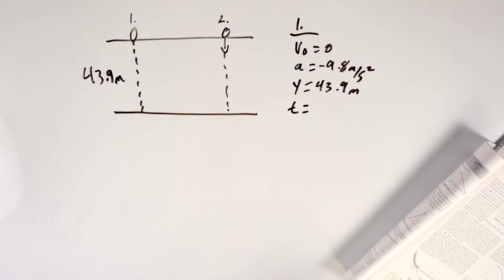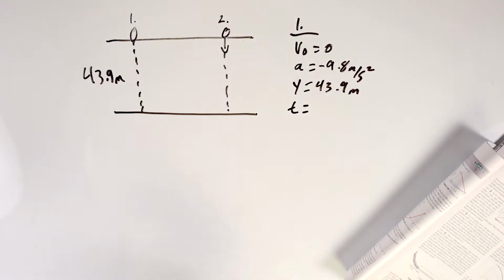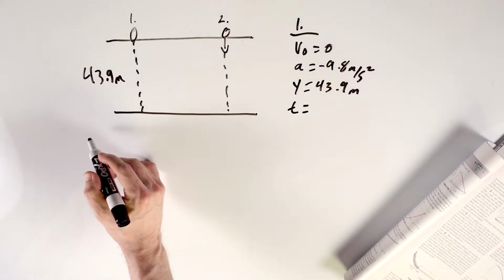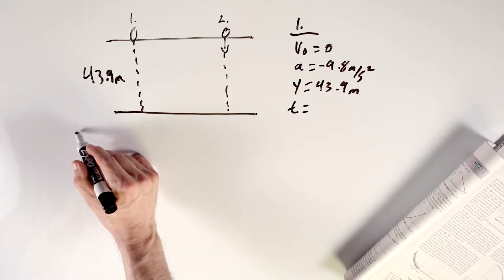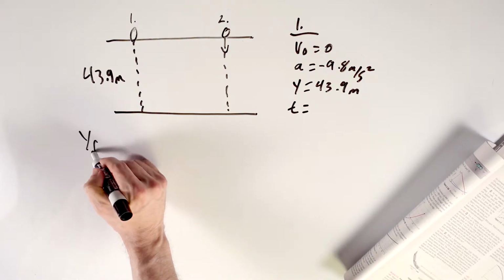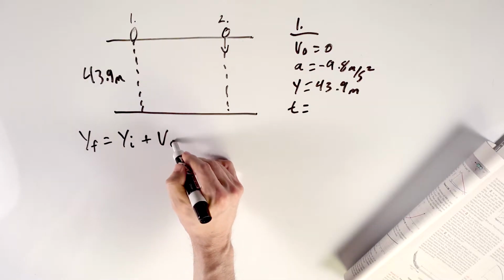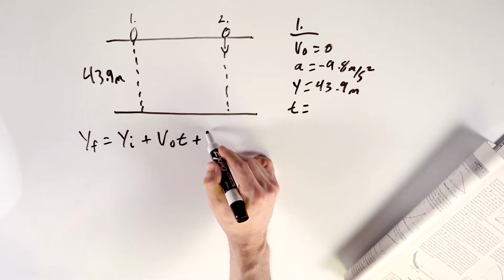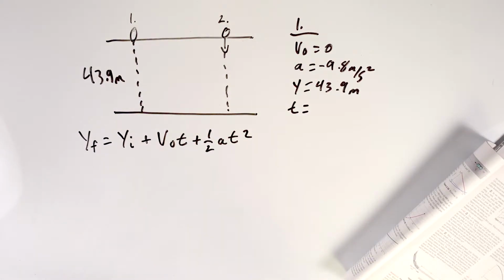So we have the initial info, right? So we can go down and we want to find the time. So let's go back to our equation we used before, where you have this time I'm going to use y instead of x. Y final equals y initial plus v naught times t plus 1/2 at squared.